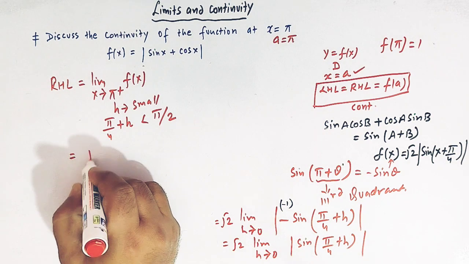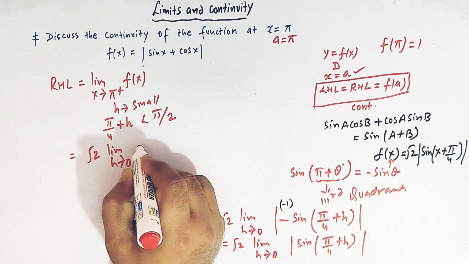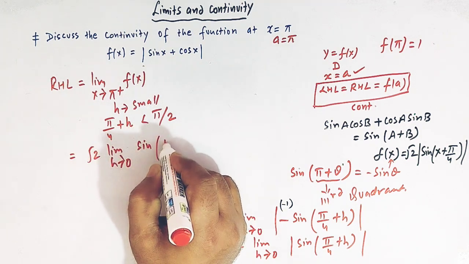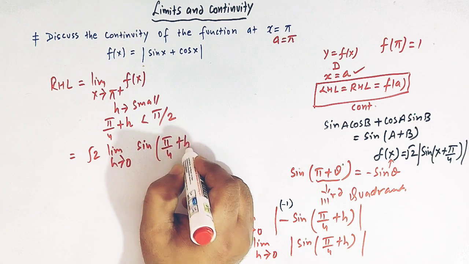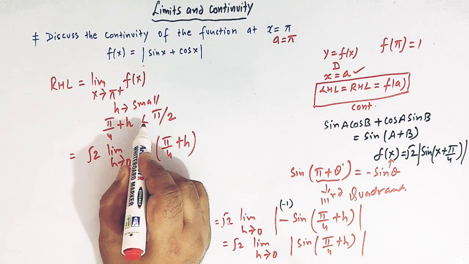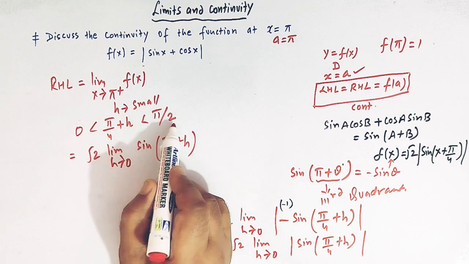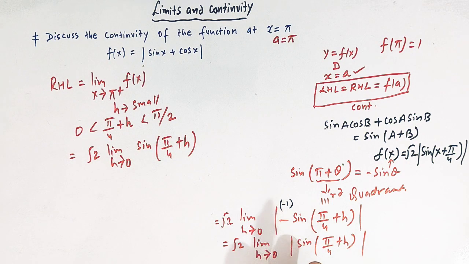So we have now square root of 2 limit h tends to 0, and we have sine pi by 4 plus h, right? Because pi by 4 plus h angle lies in the first quadrant, so it lies between 0 and pi by 2, and sine function is positive in the first quadrant.